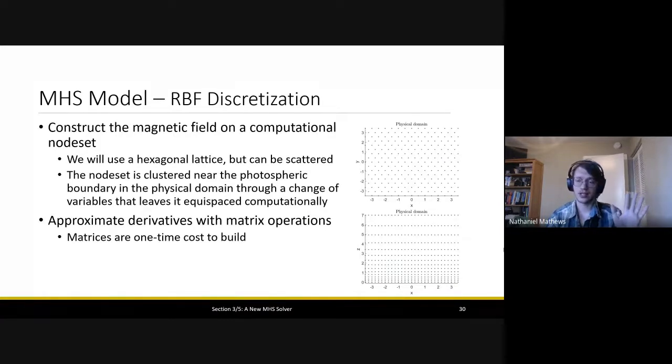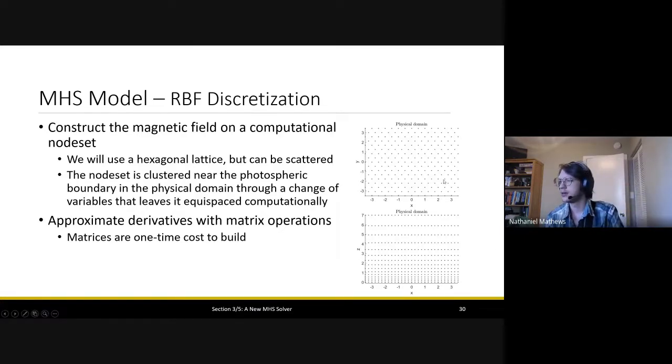Like I said, the discretization we're using numerically for this model is fancy. We're using something called radial basis functions, but the idea is pretty simple. We're going to have a numerical lattice of a bunch of node points, and we'll compute the magnetic field at all of those node points.